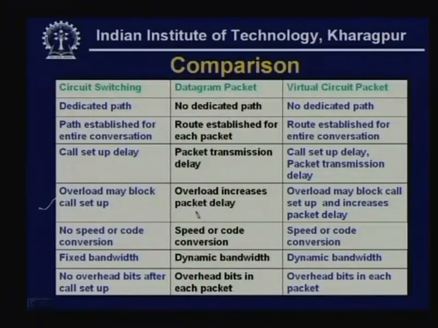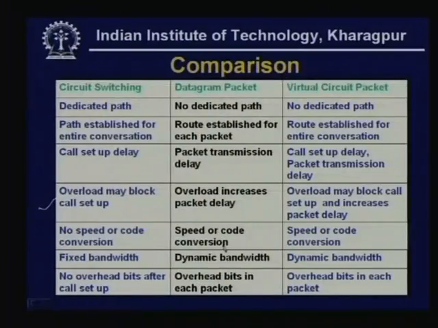On the other hand, in case of datagram packet switching, speed or code conversion is possible. As I mentioned, from the station to the node, if it is an analog line using a modem, we can use a suitable modulation technique.